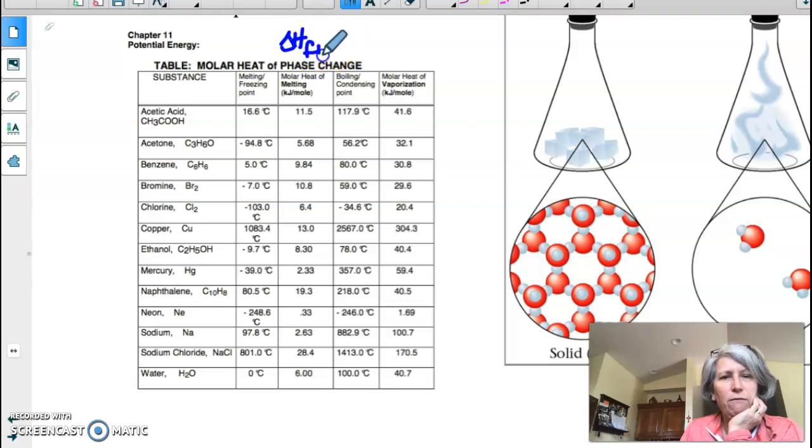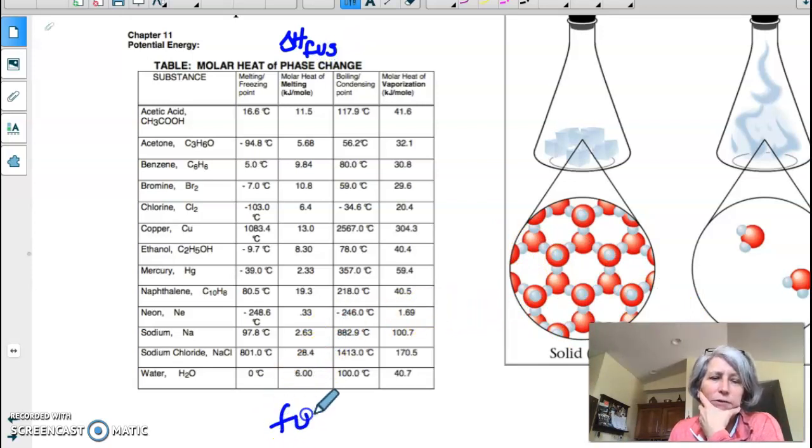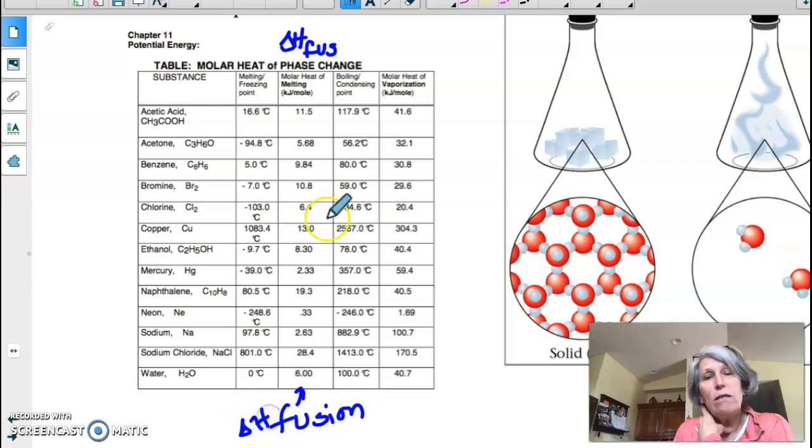So I'm going to just put FUS there. Fusion is what that stands for, the delta H of fusion. That's what that column is, the delta H of fusion. And that is the amount of energy. So it would take 8.30 kilojoules, notice that unit is in kilojoules, for every mole of ethanol to melt.